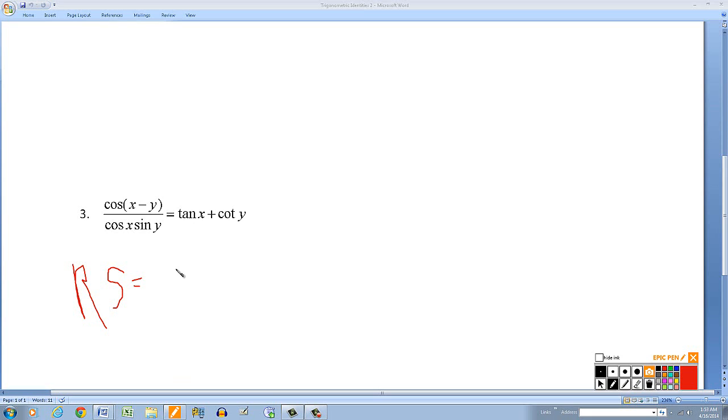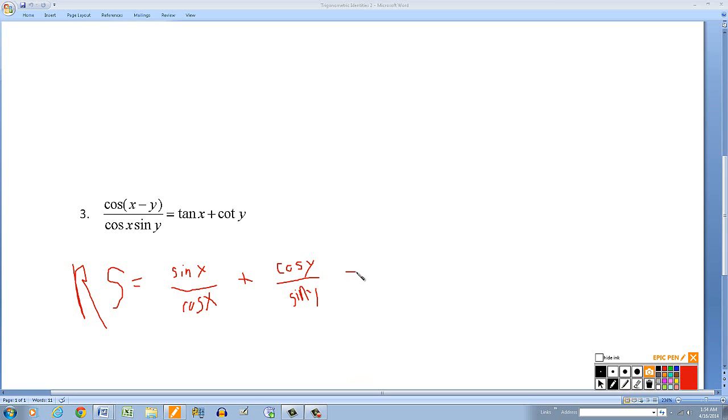So tangent of x is equivalent to sine of x over cosine of x, plus, and then cotangent of y is equivalent to one of your identities, cosine of y over sine of y.